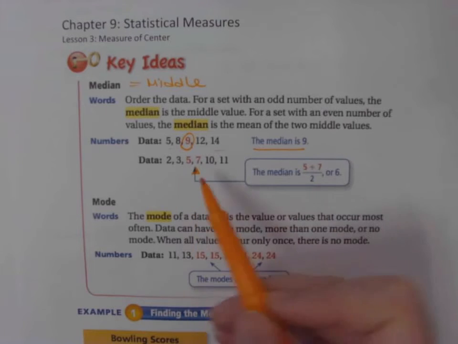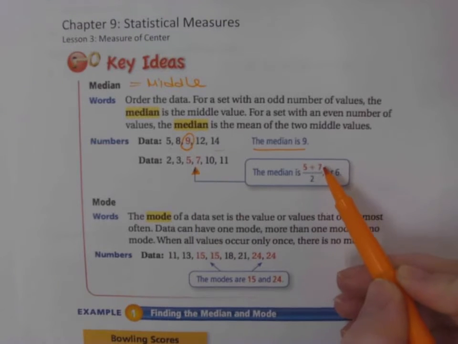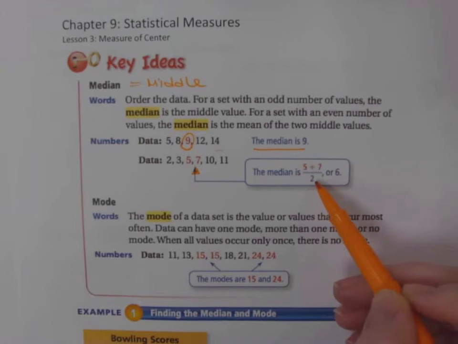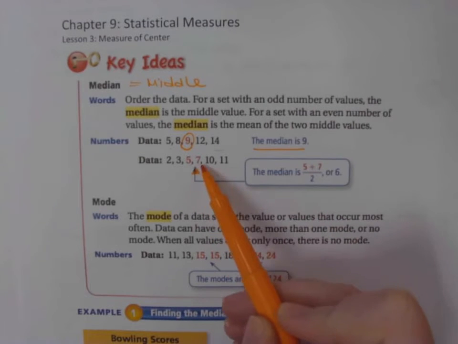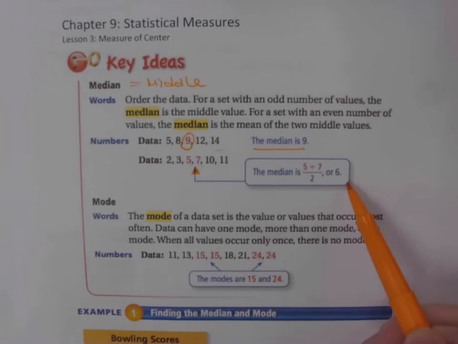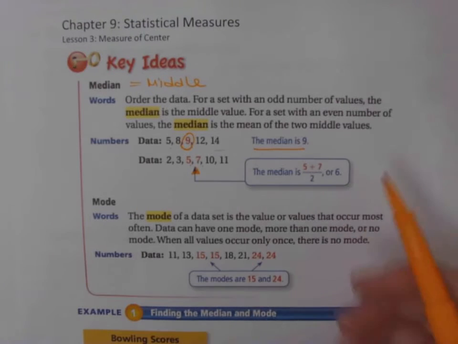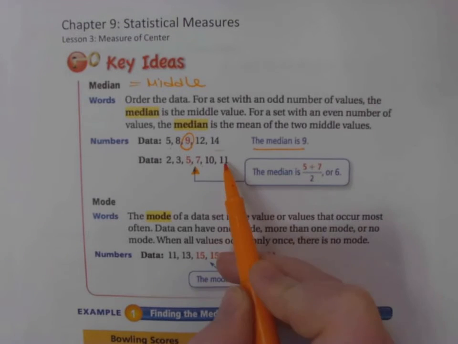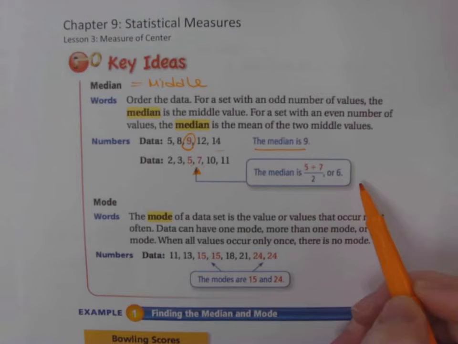Just like we did yesterday, add the 2 up, so 5 plus 7, and divide by how many data values there are, which in the middle is only 2. So 5 plus 7 divided by 2 is 6, and the median for this entire data set is 6.